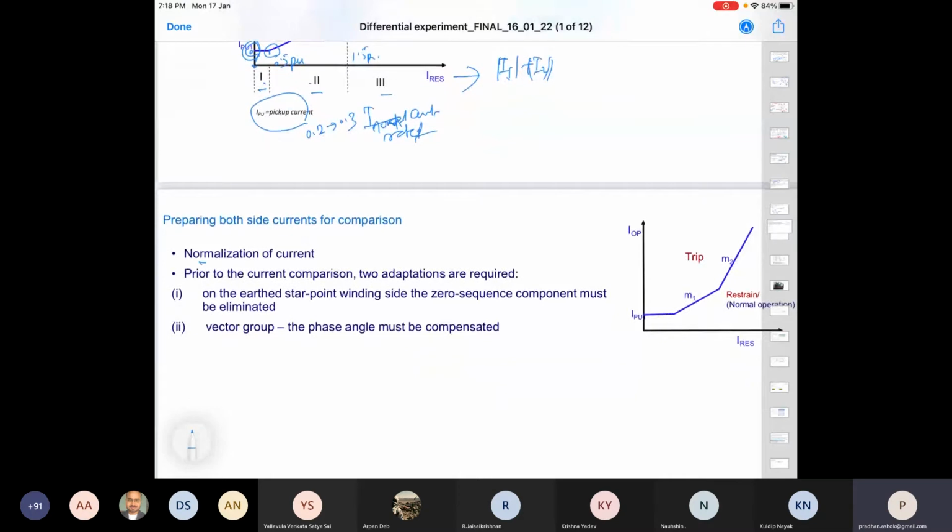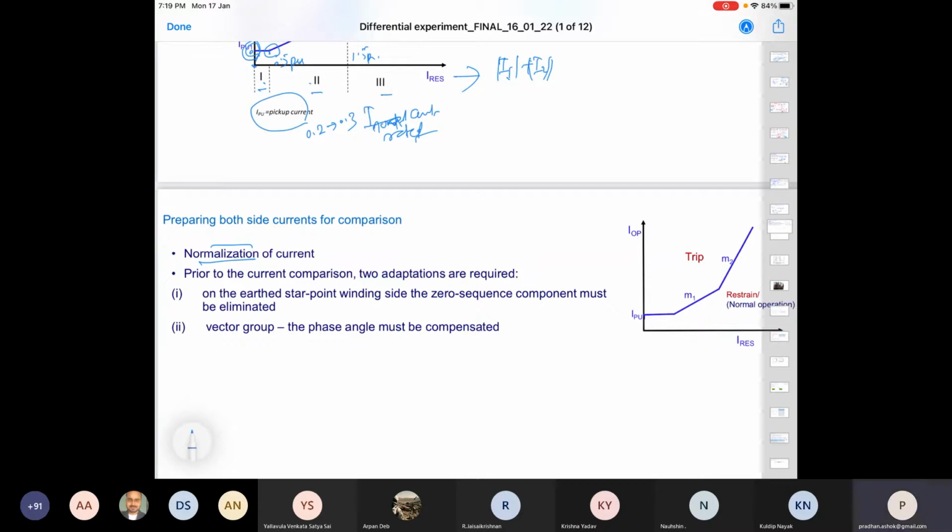So we talk about normalized current because a comparison is involved. We cannot compare current of this side and that side, because in a transformer we have different levels of current.